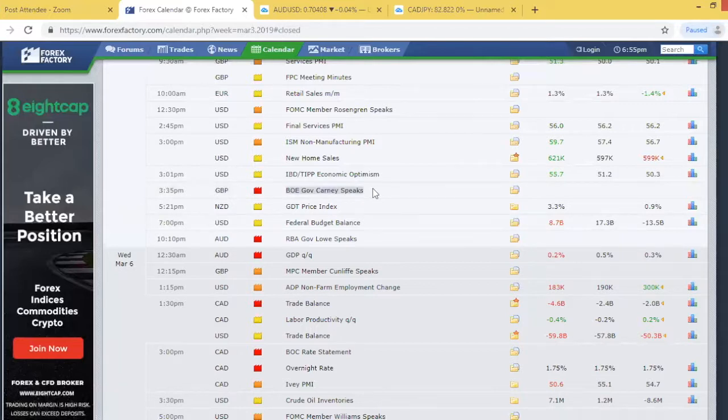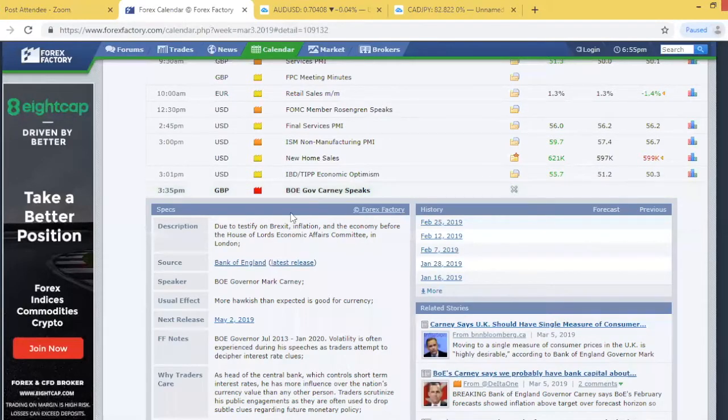This was well received by the market participants. Over this time, we did see the pound sterling appreciate somewhat, and we saw the buyers coming back into the pound. We did identify last week that it could potentially be volatile for the pound, given that it is the Bank of England's governor, Mark Carney, addressing the market in regards to Brexit, inflation, and the economy.